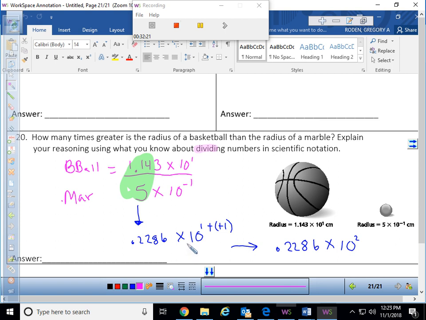So I'm going to move it 1 to the right, but then that means I have to subtract 1 on the 2. So let's write our final answer. Our final answer is 2.286 times 10 to the 2 minus 1, which would just be 1. And there's your final answer.